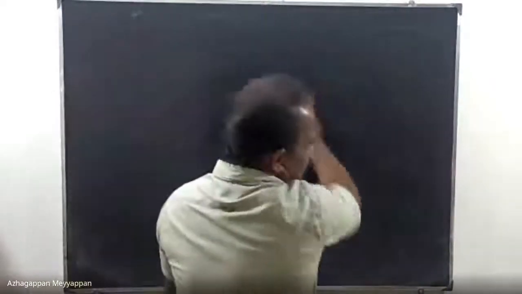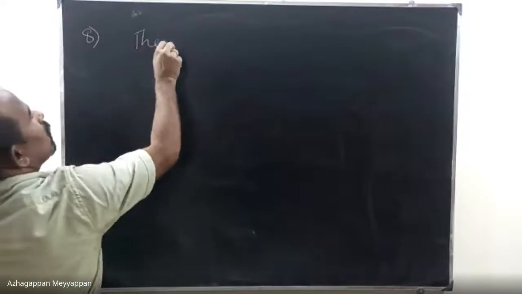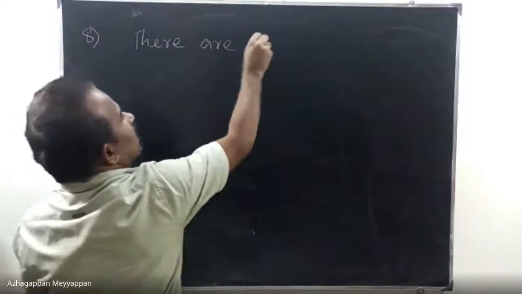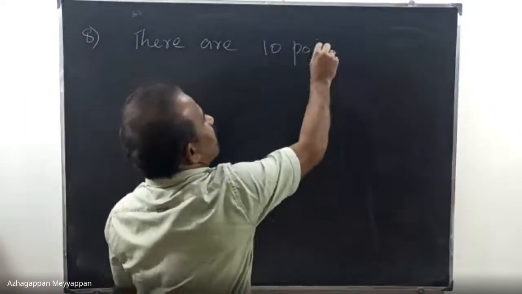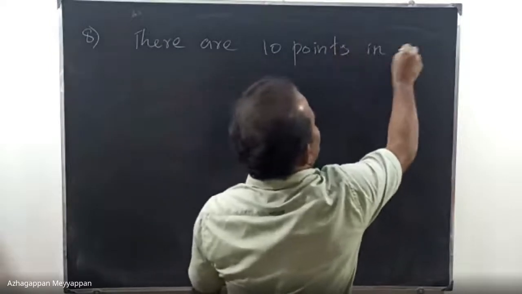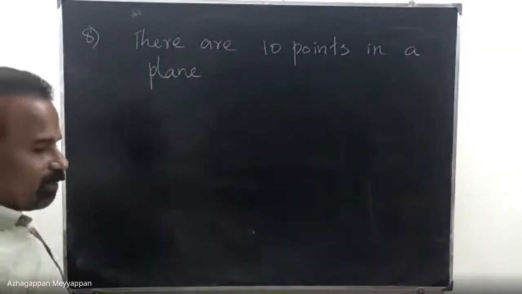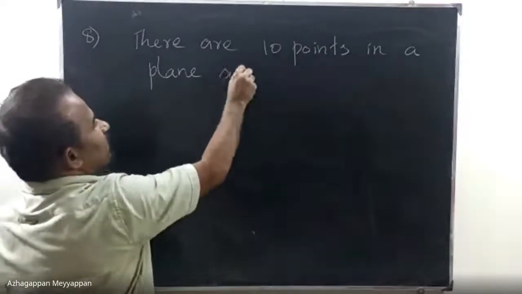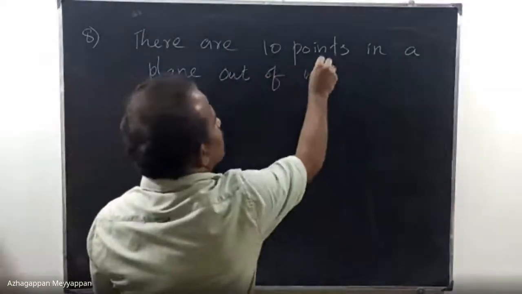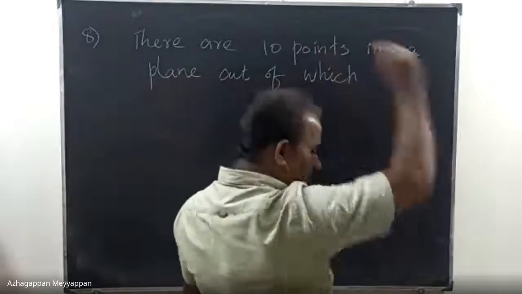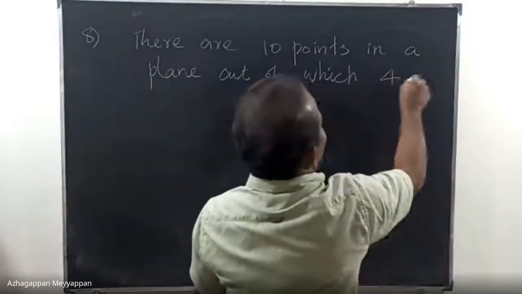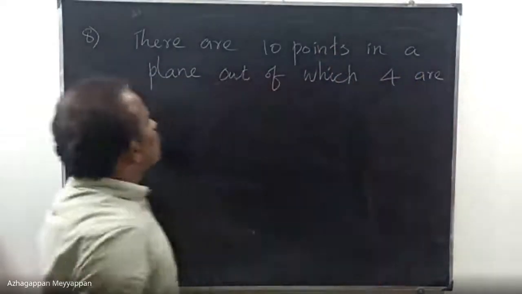The next question is, there are 10 points in a plane, out of which 4 are collinear.